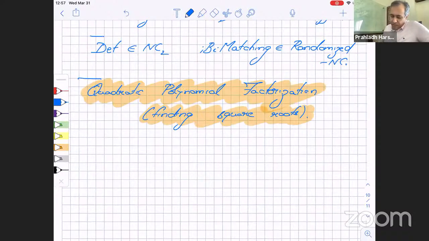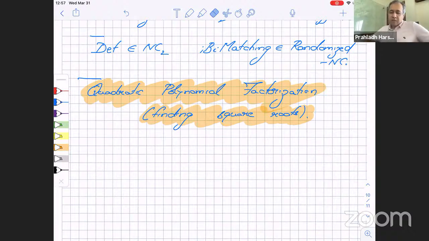Suppose I give you the polynomial x squared plus something, so let's work with something even simpler. Should I do this now, or do it next lecture? I think it would take more than 5-6 minutes, so let's stop here. I will do quadratic polynomial factorization and define the probabilistic classes next lecture.